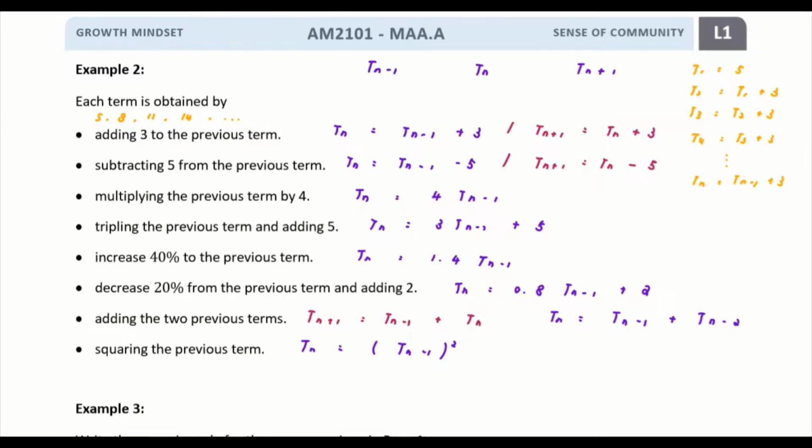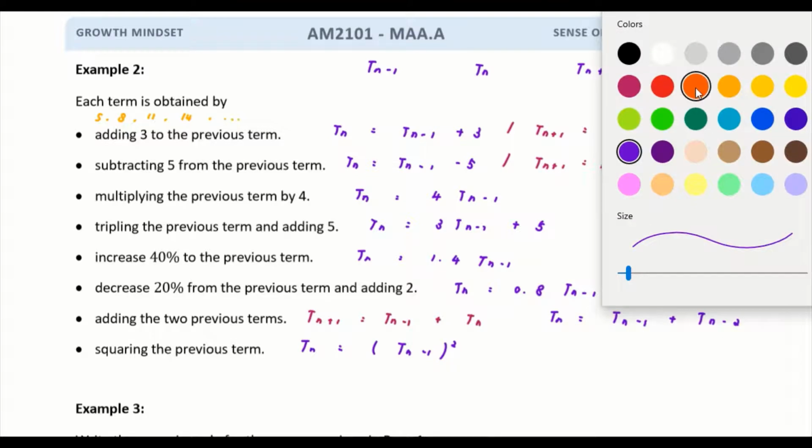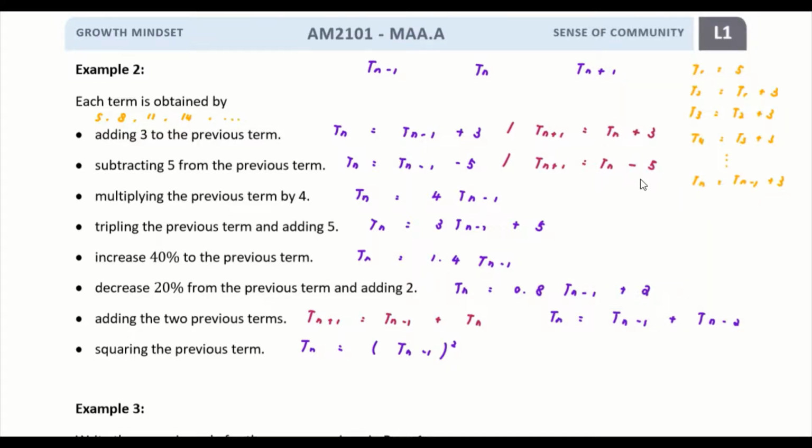So let me talk about the words that you saw just now, the first order linear recurrence relation. I'm going to explain it again in a future lesson, but since I put in the example here, just for your understanding. The words are mainly made up of two parts.